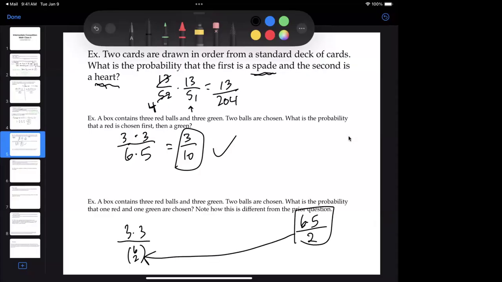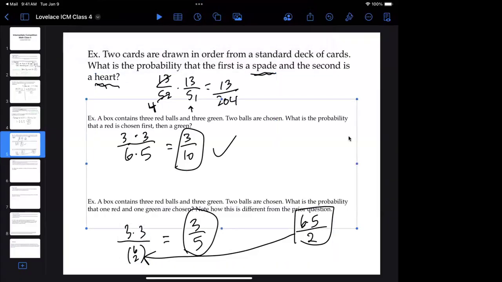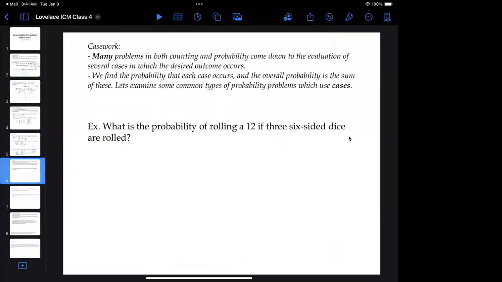Yeah, so 9/15, so 3/5. All right, so these two probabilities are in fact very different, because this is different from choosing one and then the next. All right, let's move on to the next.